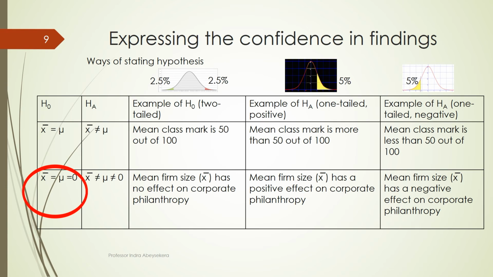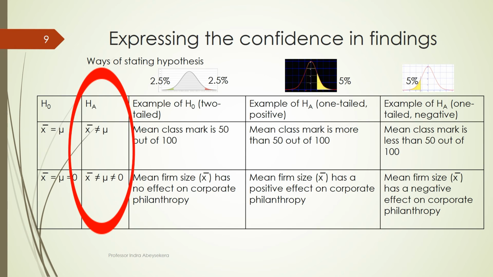And often that has a value. Sometimes the sample mean estimated and the population mean, they are equal, but they are equal to 0. So that's the null hypothesis situation. The alternative is that they are not equal. Sample mean and the population mean is not equal.